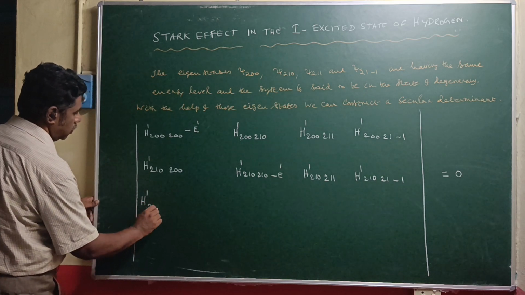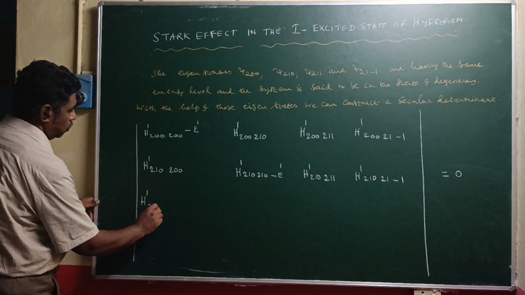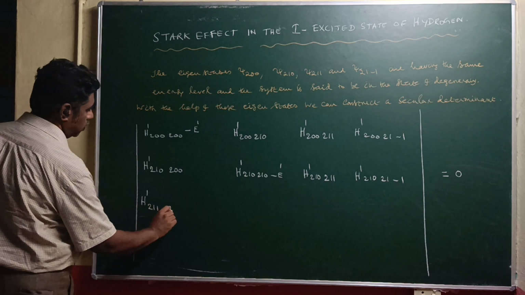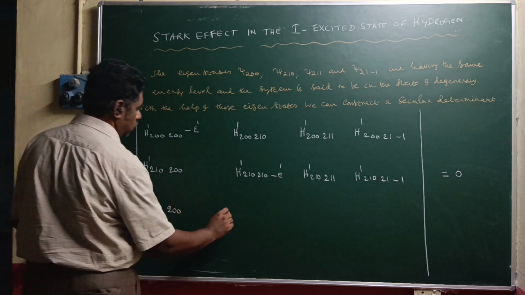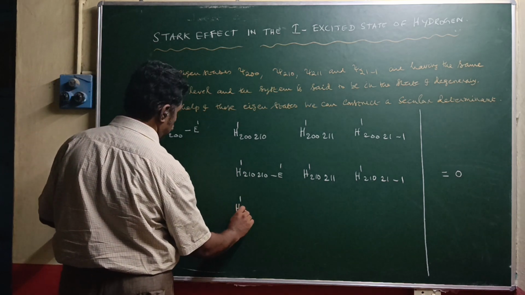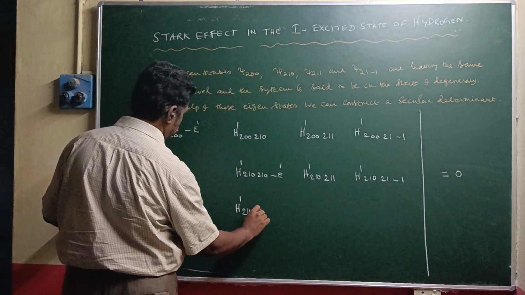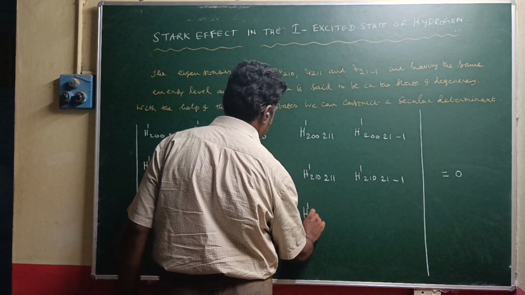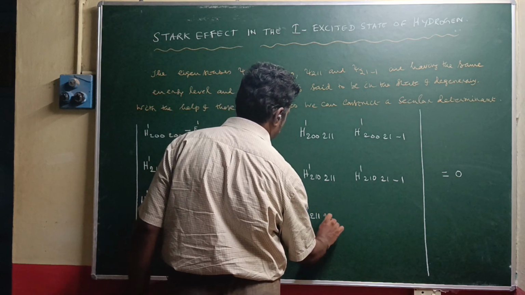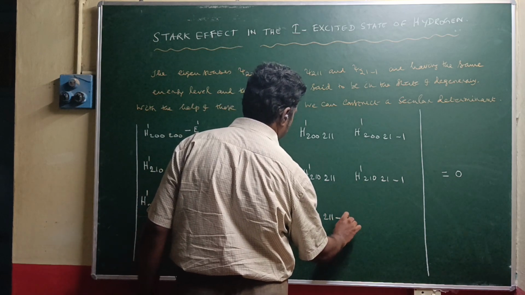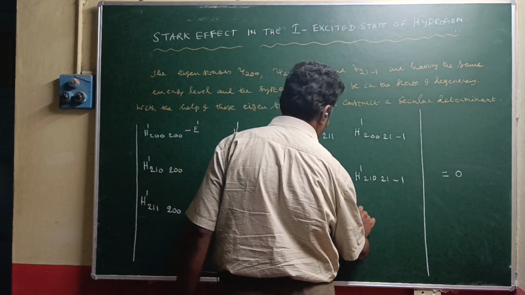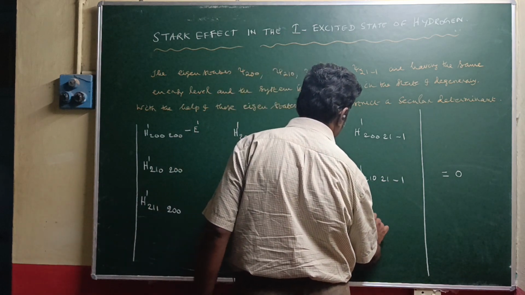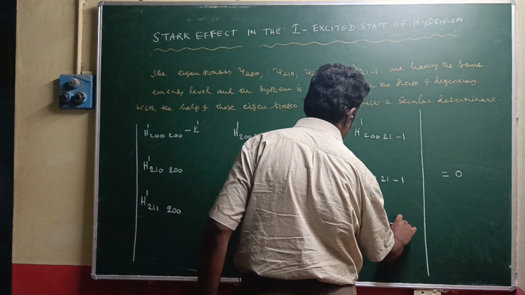Then H1 2 1 1 2 0 0, H1 2 1 1 2 1 0, H1 2 1 1 2 1 1 minus E1, H1 2 1 1 2 1 minus 1.